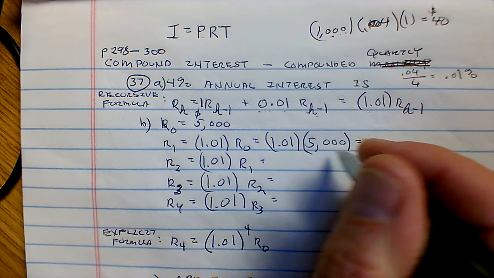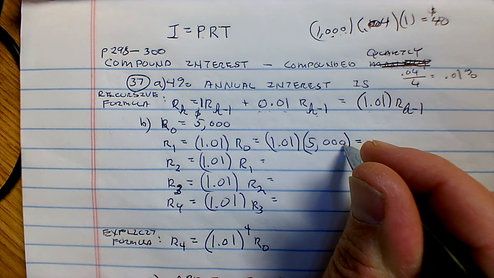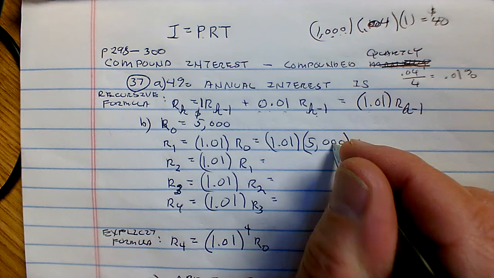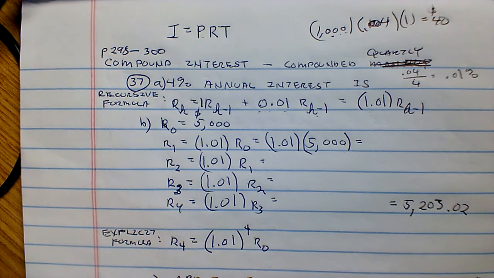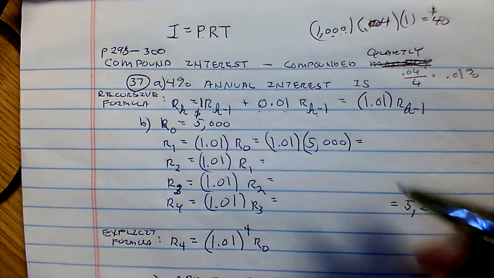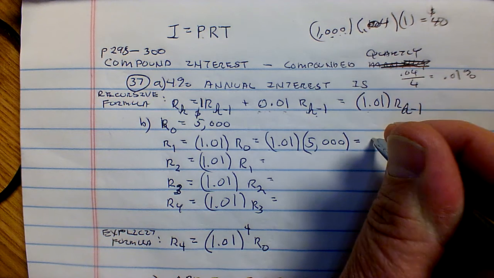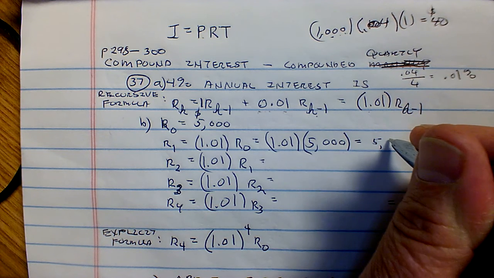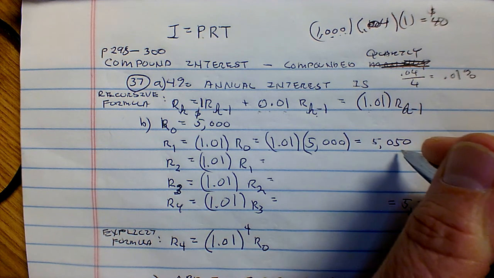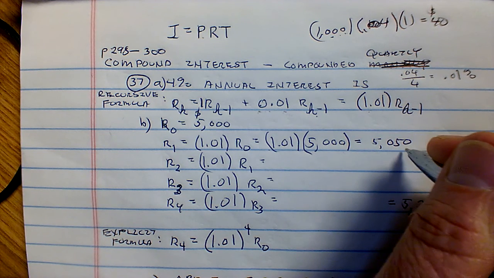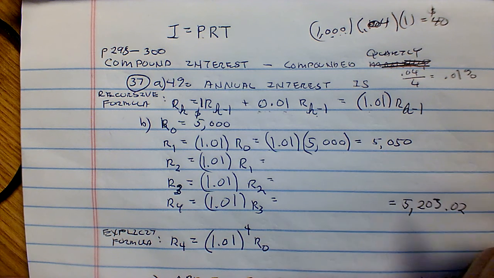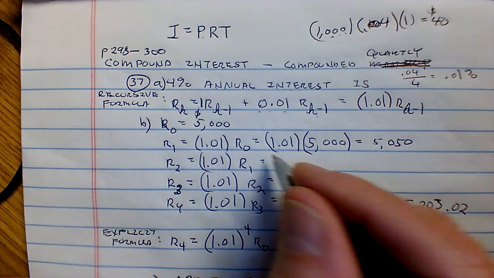So at the end of 1 quarter, I would have $5,000 from my principal plus $50 interest for a total of $5,050.